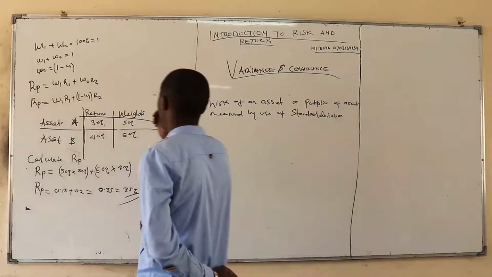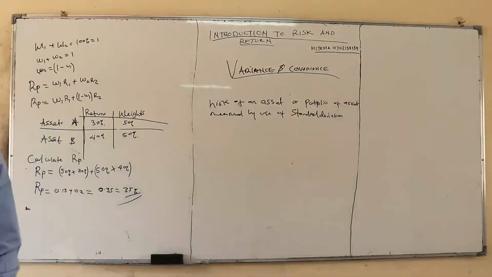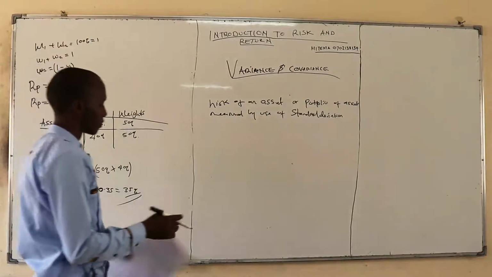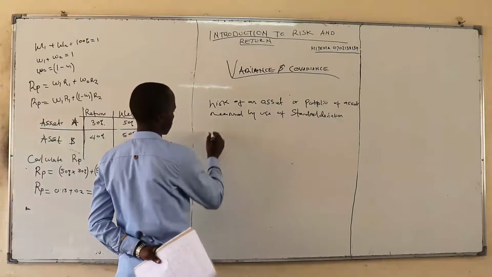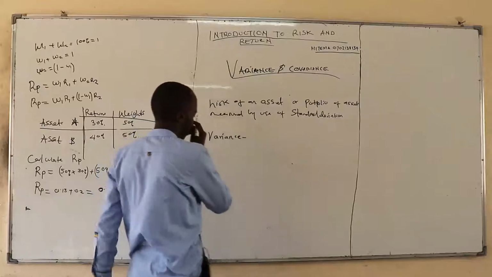And we know standard deviation is the square root of variance. Variance is a measure of the volatility or dispersion of returns.